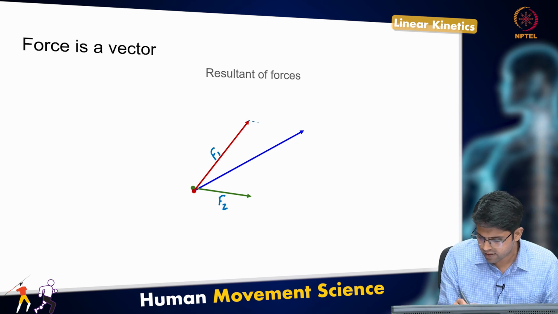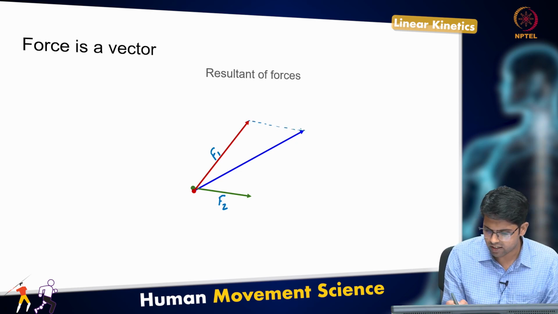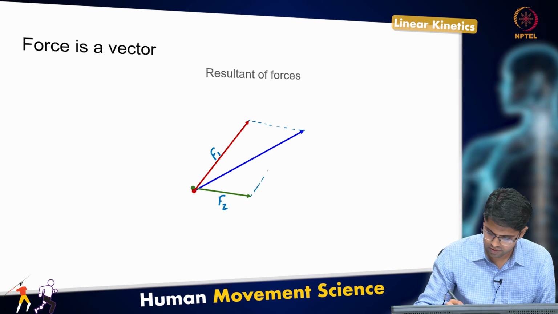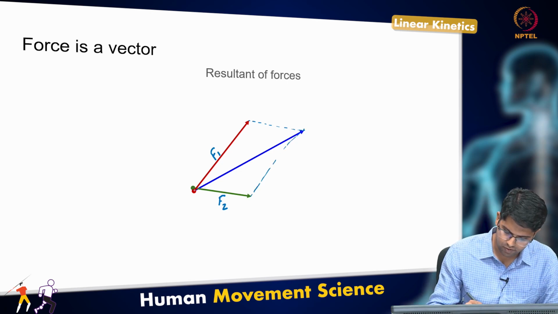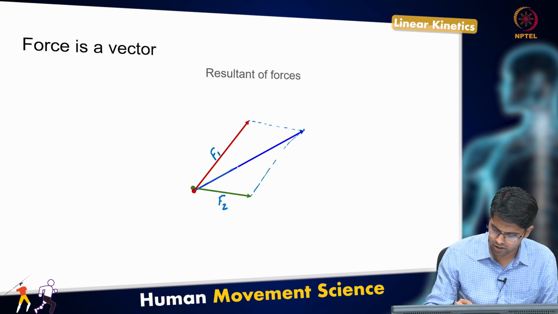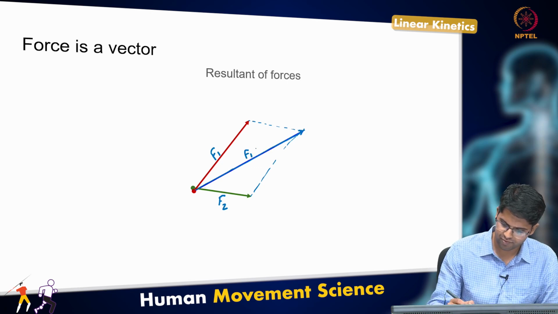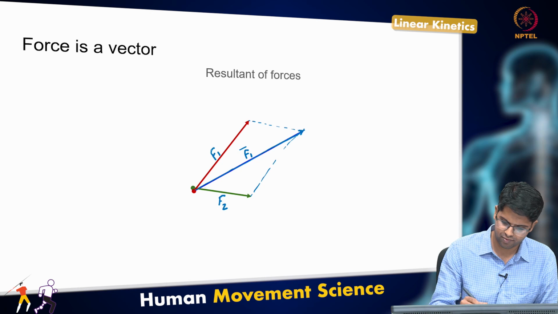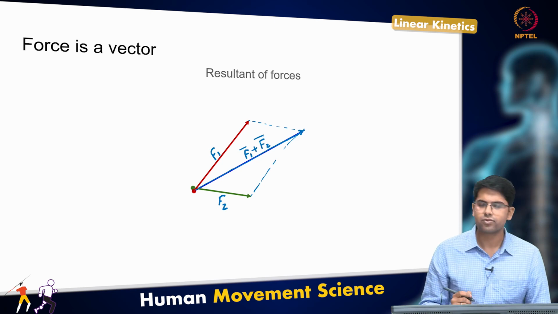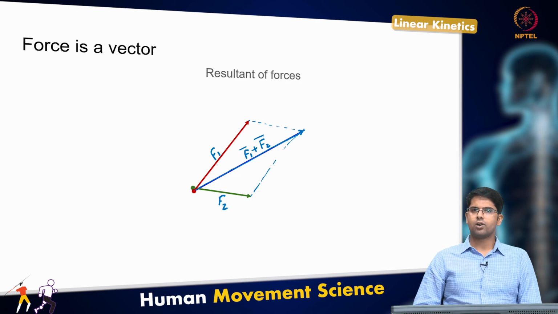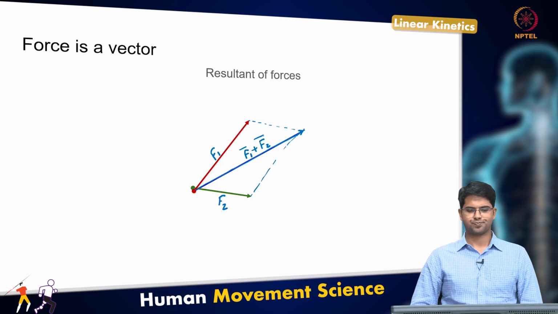For that, you can find the resultant of these two forces, which will essentially be this particular vector here. This is the vector sum of both these forces.